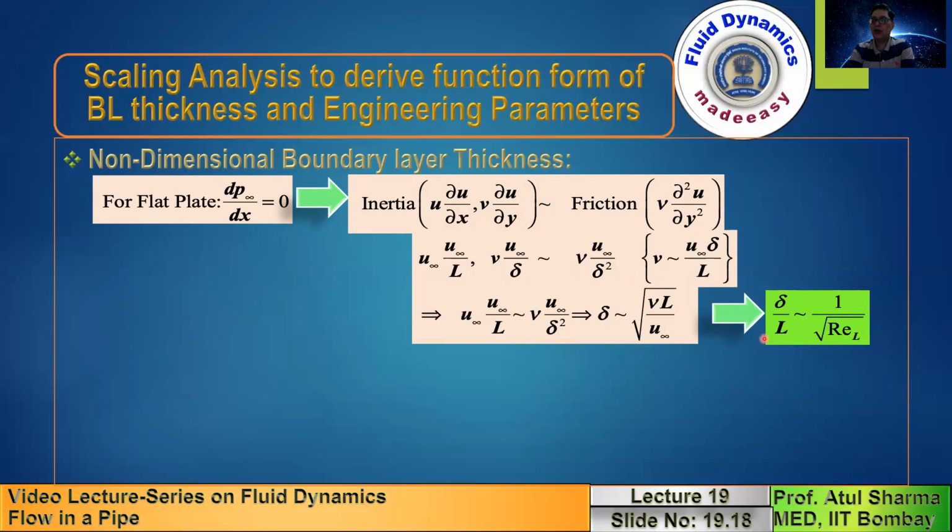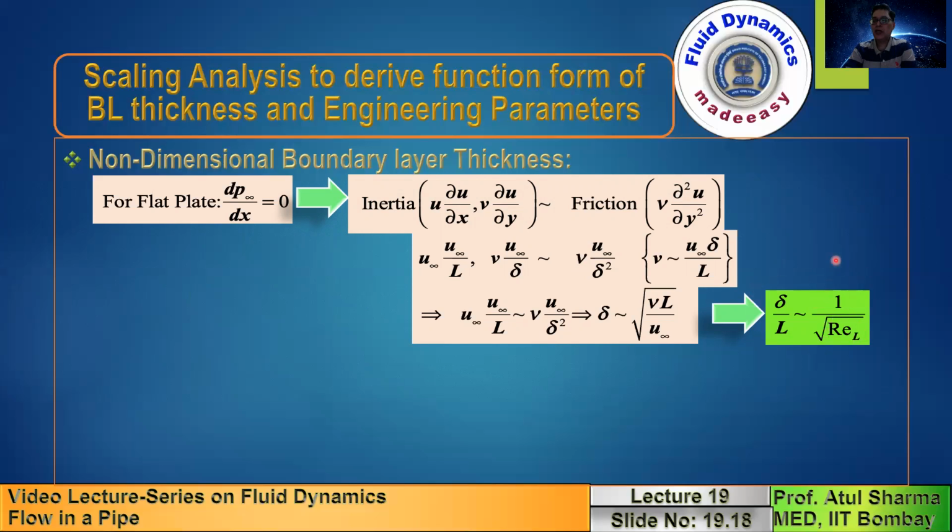The actual equation will be delta by L is equal to some constant of proportionality, let us say K, divided by square root of REL. So if you are doing an experiment, you can determine the proportionality constant.